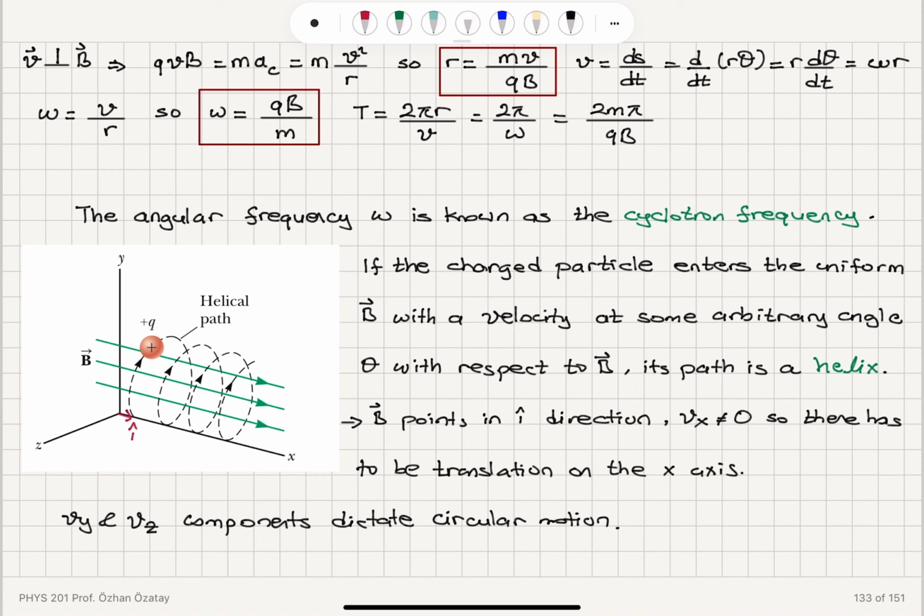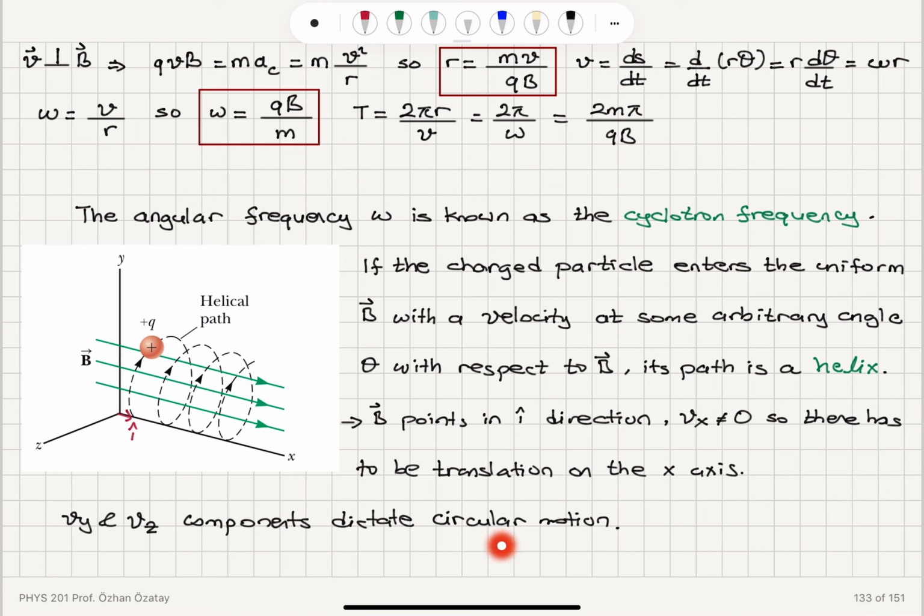B points in the i-hat direction. The x component of the velocity is not zero, so there has to be translation on the x-axis. So in this case, we don't have only y and z components of the velocity, but an x component as well. So that gives us a translation on the x-axis.